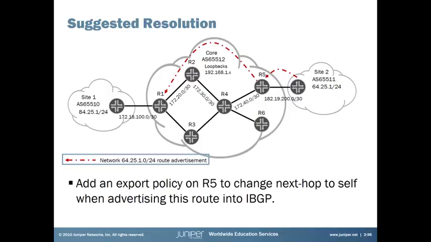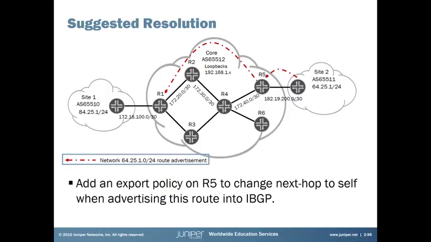So when this BGP advertisement arrives at R5, the advertisement says that the network 64.25.1/24 is reachable via the next hop of 182.19.200.2.